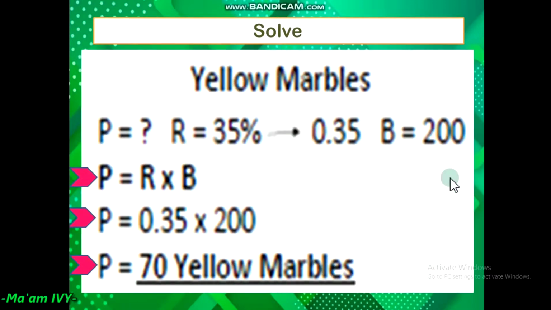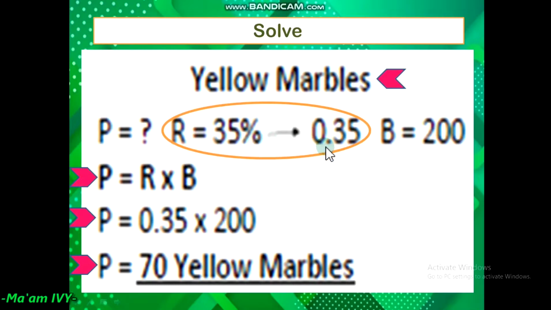Let us solve for the percentage of the yellow marbles. The rate for yellow marbles is 35%, expressed as a decimal becomes 0.35. And then also our base is 200. Using the formula P equals R times B and substituting the values, we have 0.35 times 200.